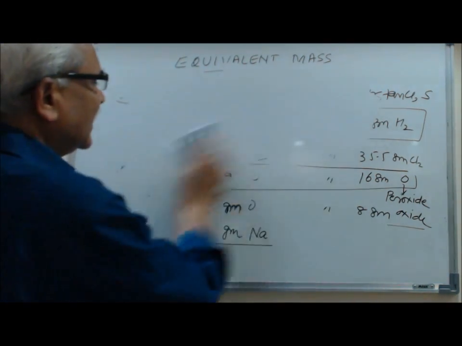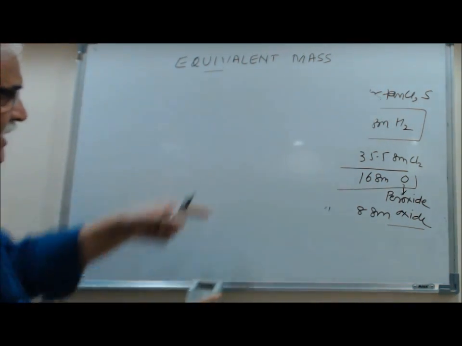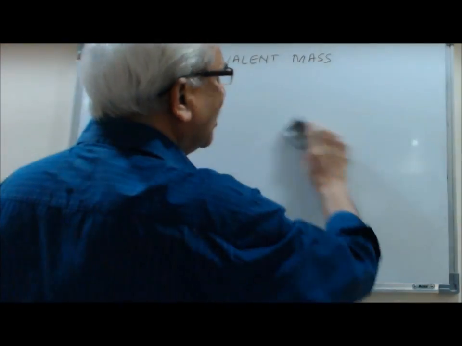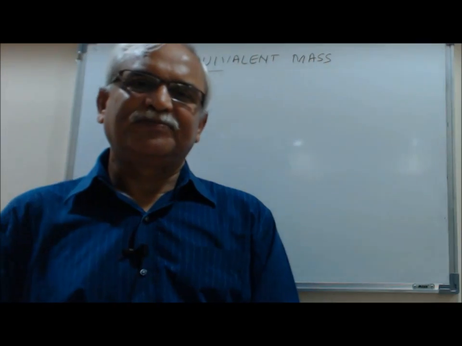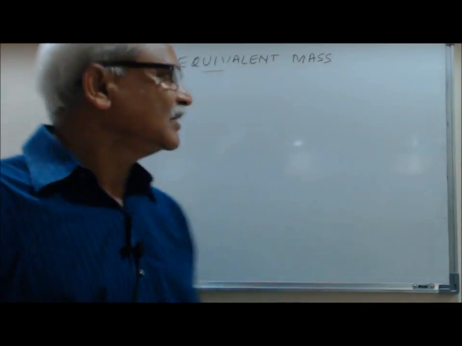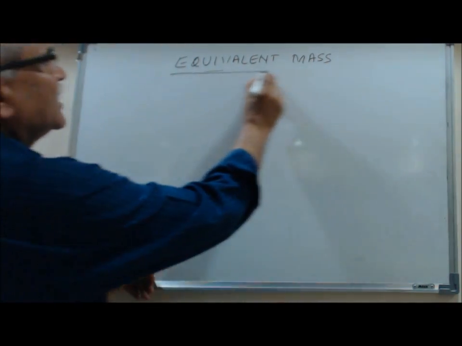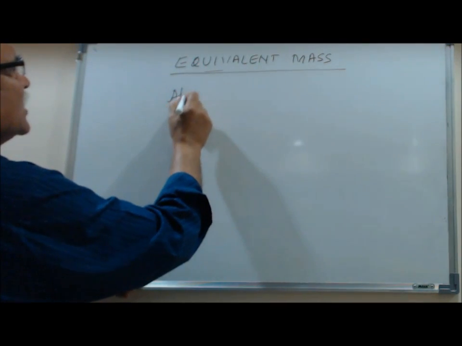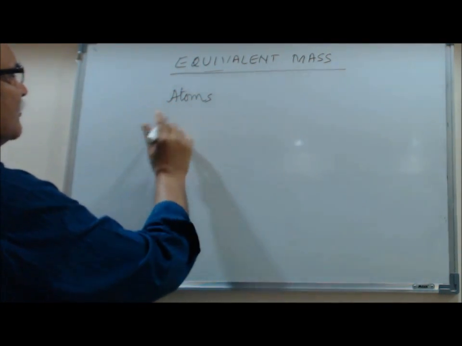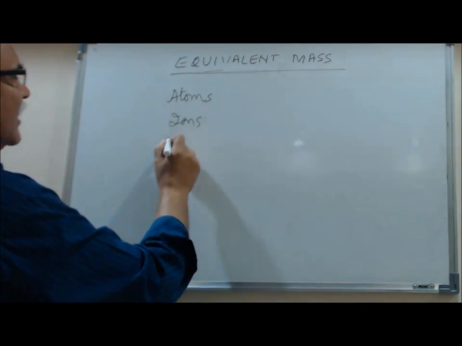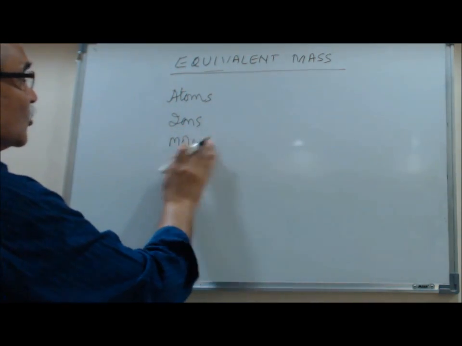So having discussed that, naturally it is important, looking at the list also, that we know how to find the equivalent mass of a given substance. Okay. So we start with how many types of substances normally do we come across? We come across atoms, we come across ions, we come across salts.